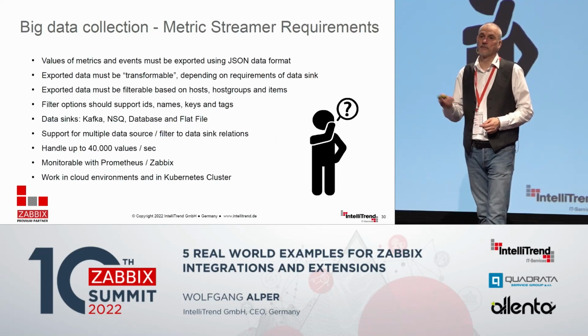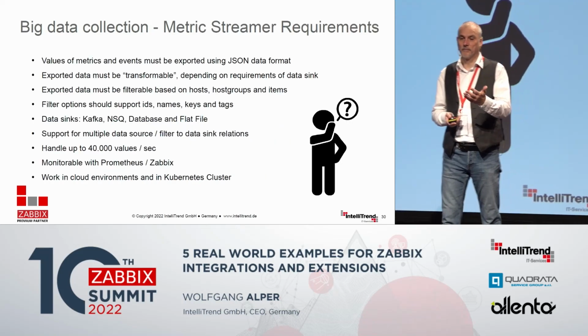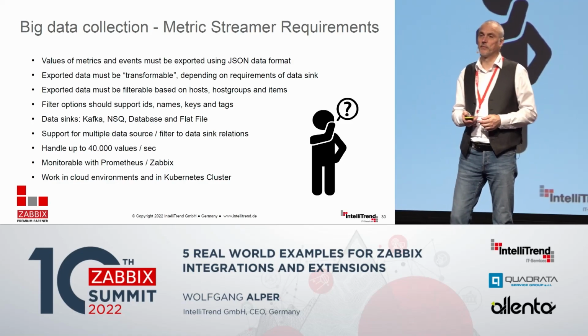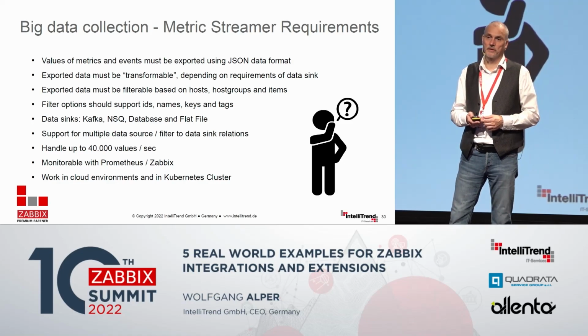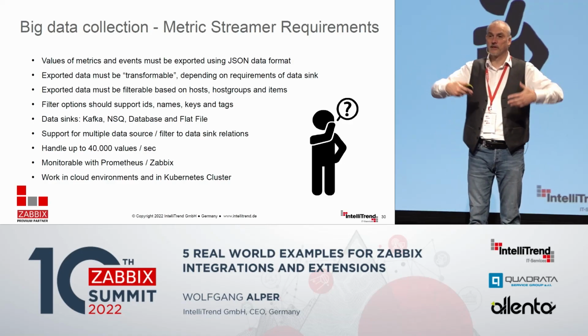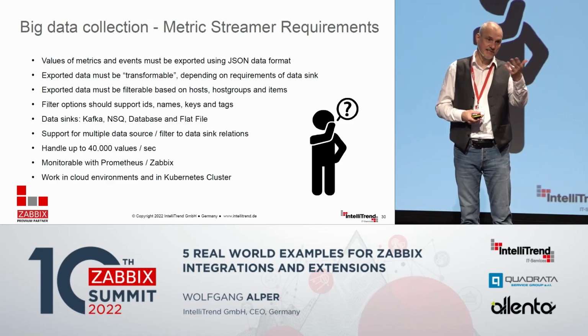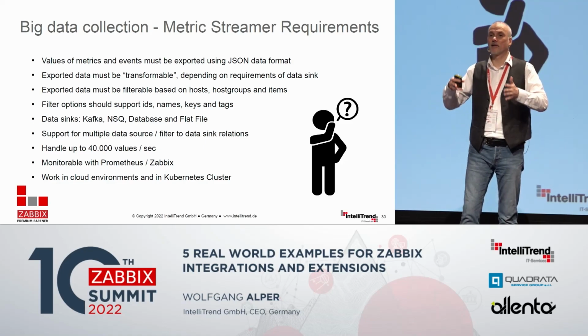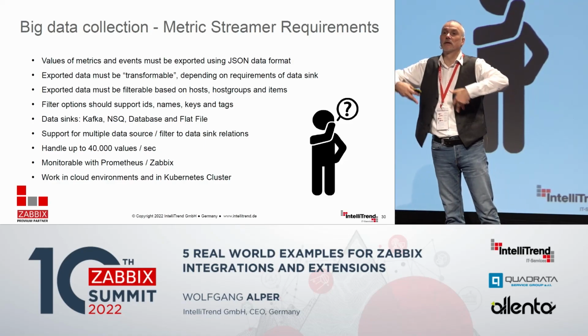So the requirements we have here: values of metrics and events must be exported using the JSON data format. So that is the common format across all of those systems. Exported data must be somehow transformable, which means that if I provide data in the Zabbix way, then some other systems would like to consume it in a different way.